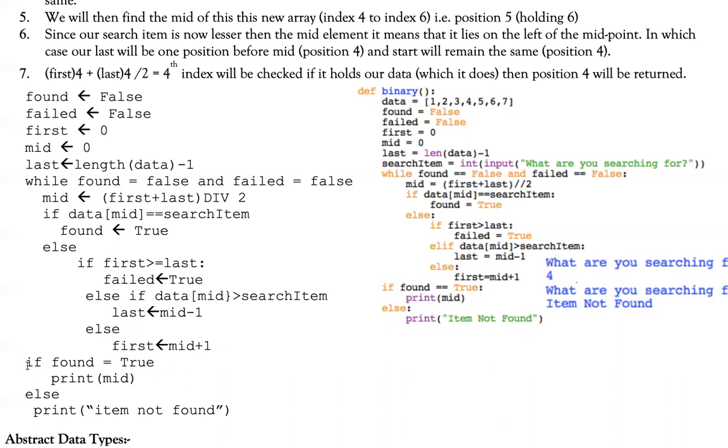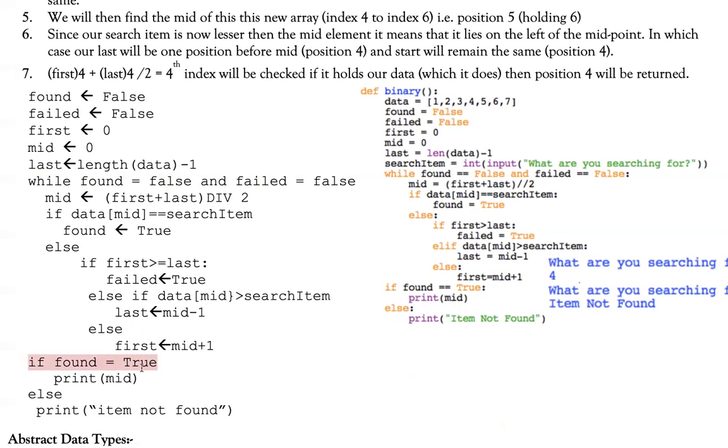I will then output, if found is equal to true, the midpoint that I found it at. However, if that's not the case, that means this condition is not true, I will not assign found as true, and I will move on to the else statement.